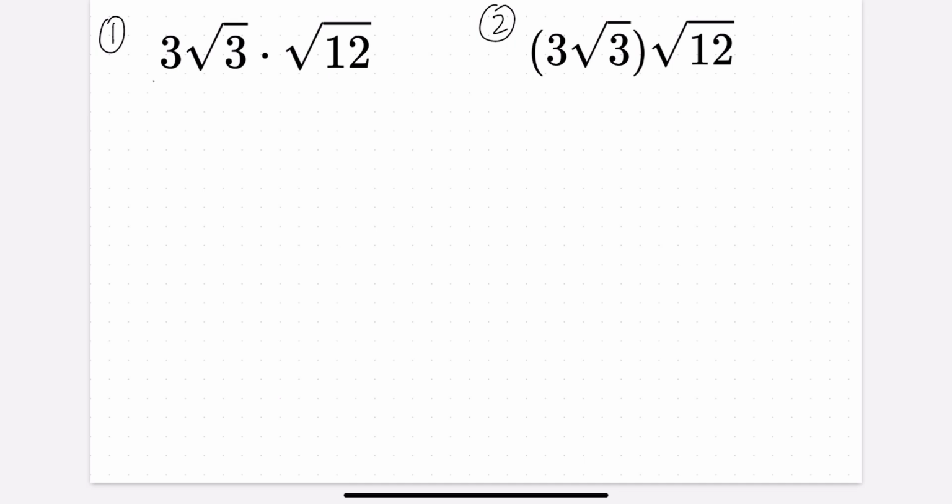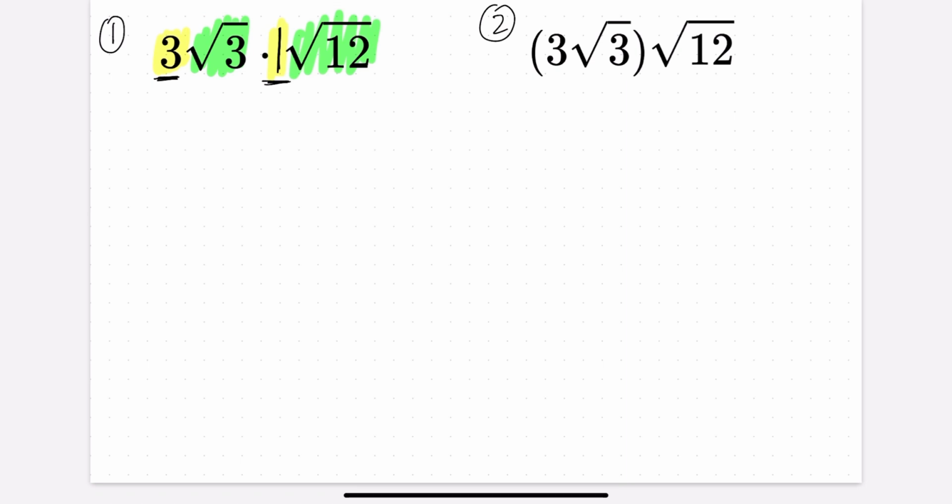So this 3 is going to get multiplied to the coefficient of the other term. Now you might notice there's nothing in front of 12, but there is, it's just invisible. It's a 1. So coefficients talk to coefficients, radicals talk to radicals. I'm going to be multiplying 3 times 1. And separately, I'm going to be multiplying the square root of 3 times the square root of 12.